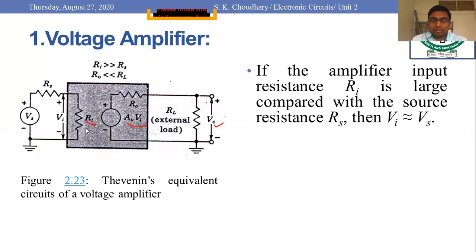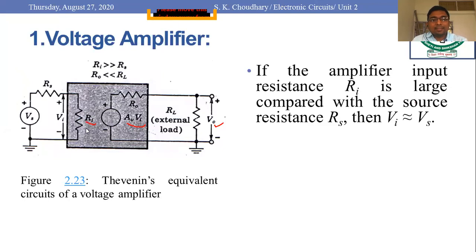Vs is a voltage source that is externally connected to the transistor-based amplifier circuit to provide the input. In a similar fashion, RL is a load resistor. It could be any other load. Here we have shown a resistive load, but other kinds of load are also possible. That is also an external component.